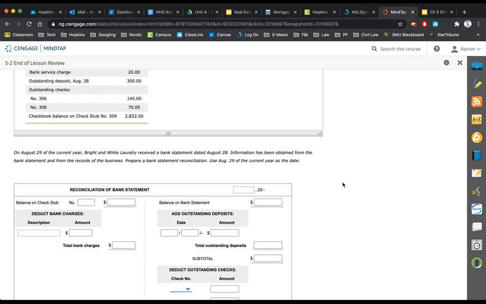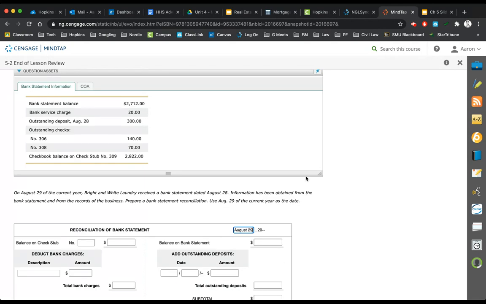All right, so just following along in that process, first thing we're going to do is type in the date here. And so we will type in August, because our date is August 28th, or 29th, I'm sorry, because that would be the bank statement.